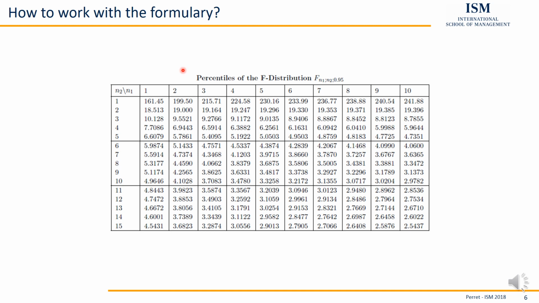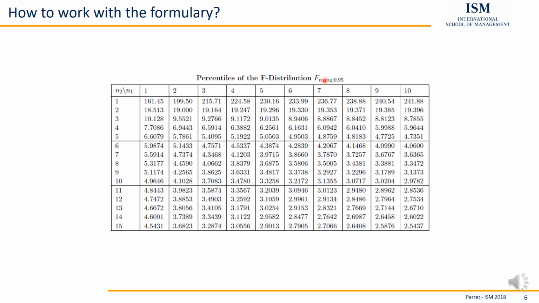However, the last two pages have the F distribution. Here we have a problem, as in we have 2 degrees of freedom. That's also the reason why we have 2 tables. We have one table, which is actually for 5% error, for 0.95. And we have the second table, which is for 1% error, which is for 0.99.